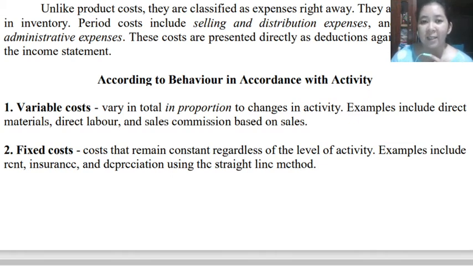But in this case, for fixed costs, regardless of the number of units that you produce, you will still incur the same expenses. So it does not follow the activity. It is fixed at a specific level.